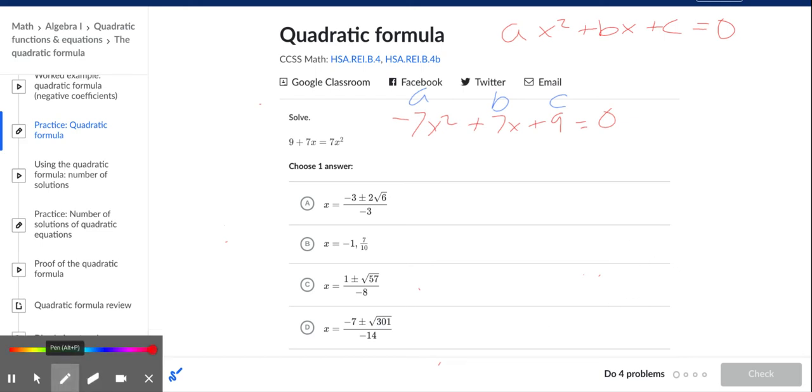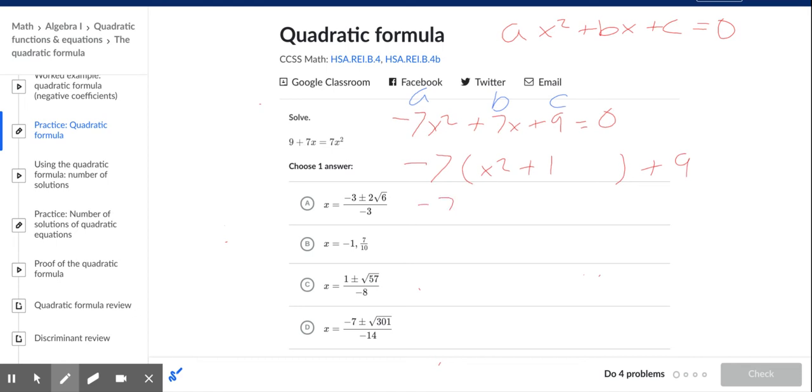So to complete the square, I would factor the negative 7 out of the first two terms, and I would leave 9 off by itself. So negative 7 times x squared plus x, leave a space, plus 9. So I'm going to get negative 7 times x plus 1/2 squared. Remember, you divide by 2 here.